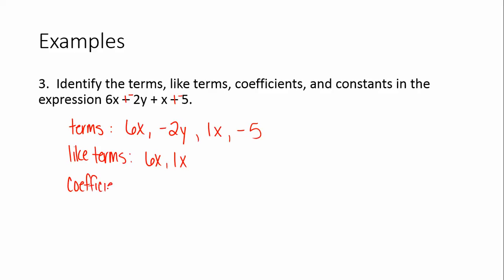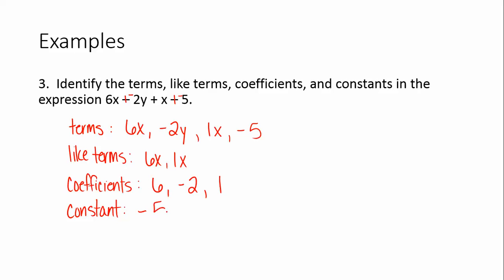Remember, coefficients are the numbers in front of the variables. So we have a 6, a negative 2 that's in front of the y, and a 1 in front of the x. Even though it's not written, it is implied. So anytime you just see a variable with no number in front of it, it is an implied 1. And then the constants, in this case, it's just one constant, and that's the negative 5.